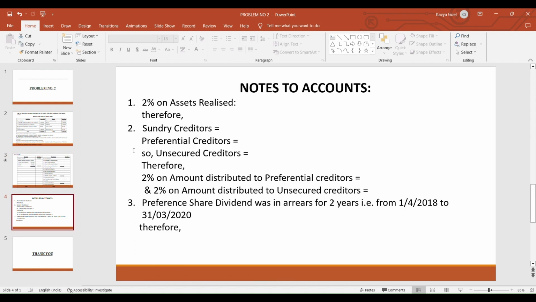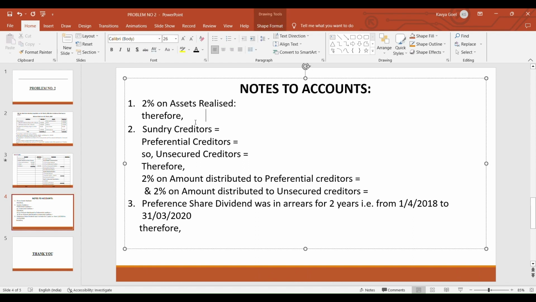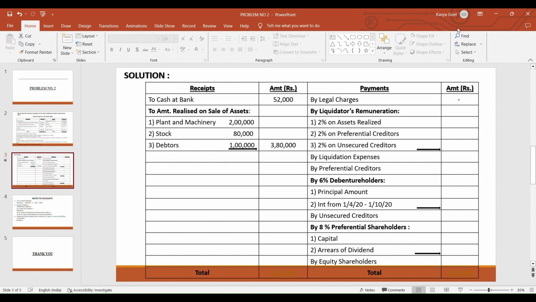So the first will be 2% on the assets realized. Now the assets realized amount is, as you can see, 3,80,000. So we'll write 3,80,000 into 2 divided by 100 is equal to 7,600. Means we have to calculate 2% on the assets realized, and therefore the amount is 7,600. So this is the first part of the question. So we have written in the inner side 7,600.